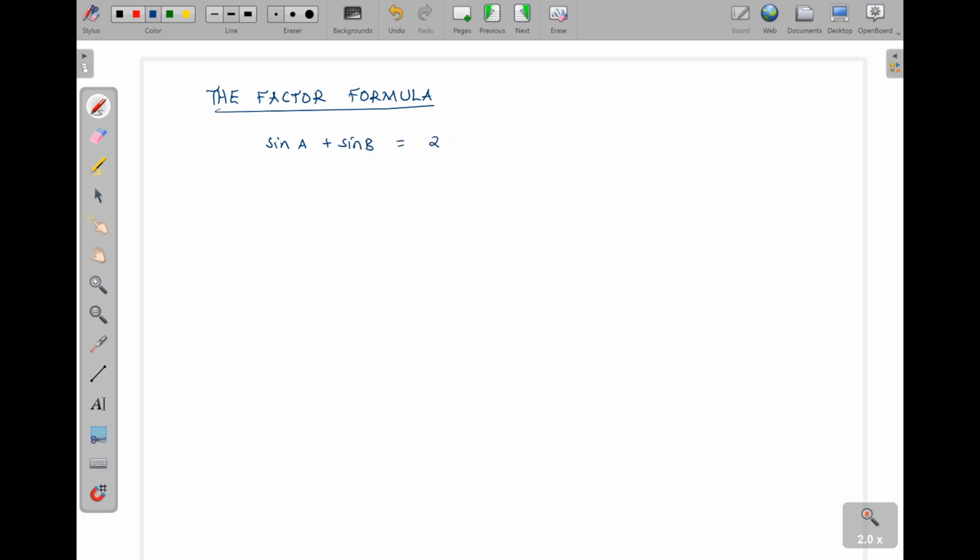We get 2 sine of a plus b over 2, the big angle, and then cosine of a minus b over 2. Okay, then sine of a minus sine of b.